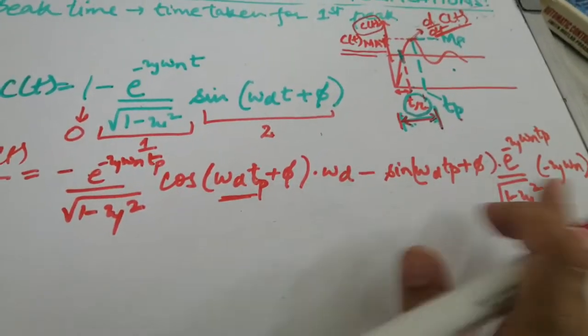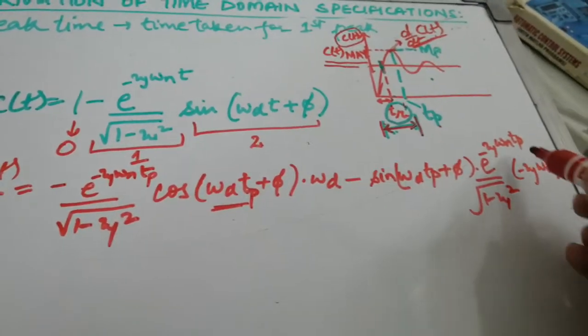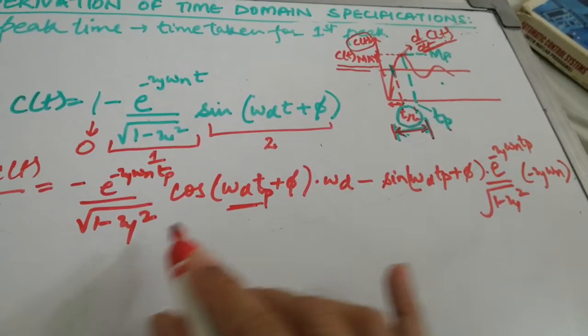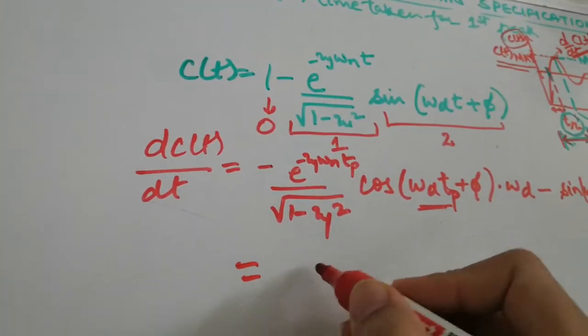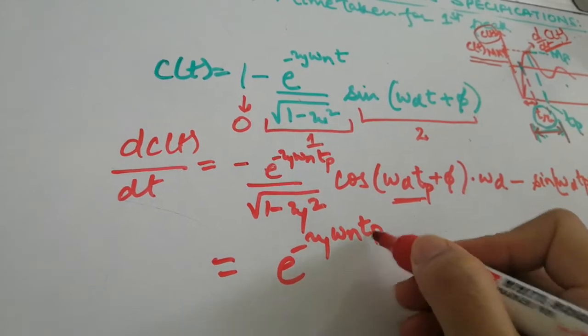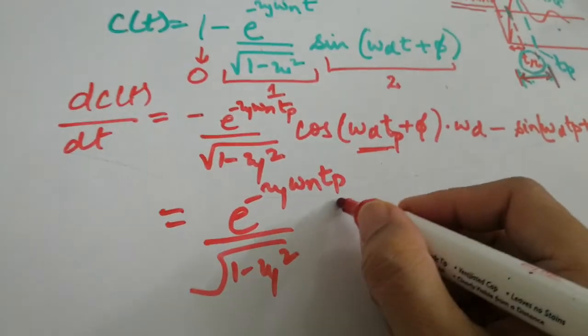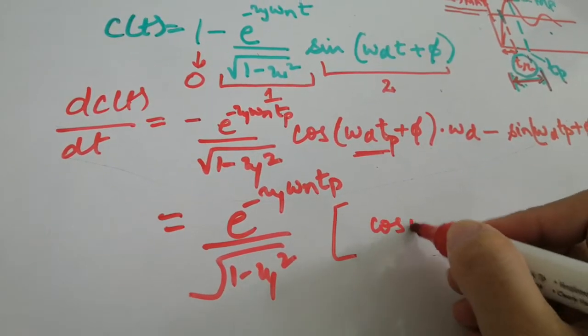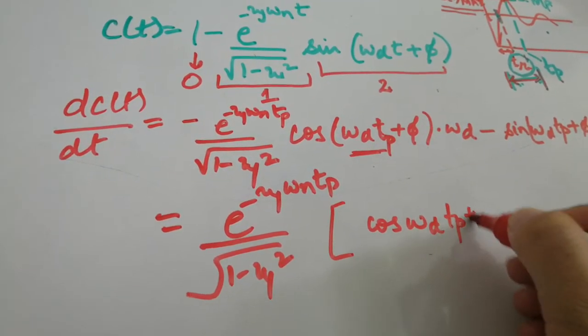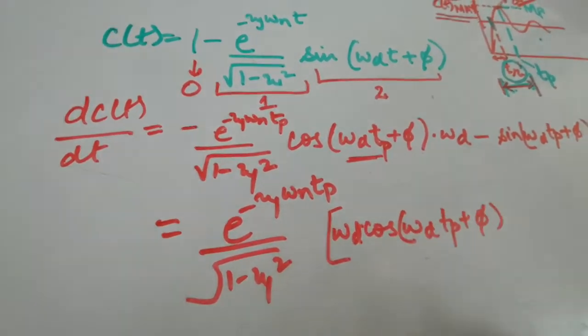So now let's rearrange everything here. I think we can take out this part, because this is common in both cases, and then we can see what we are left with inside the bracket: e raised to the power of minus zeta omega n tp divided by under root of 1 minus zeta square into cos of omega d tp plus phi, and this is omega d multiplied by this.